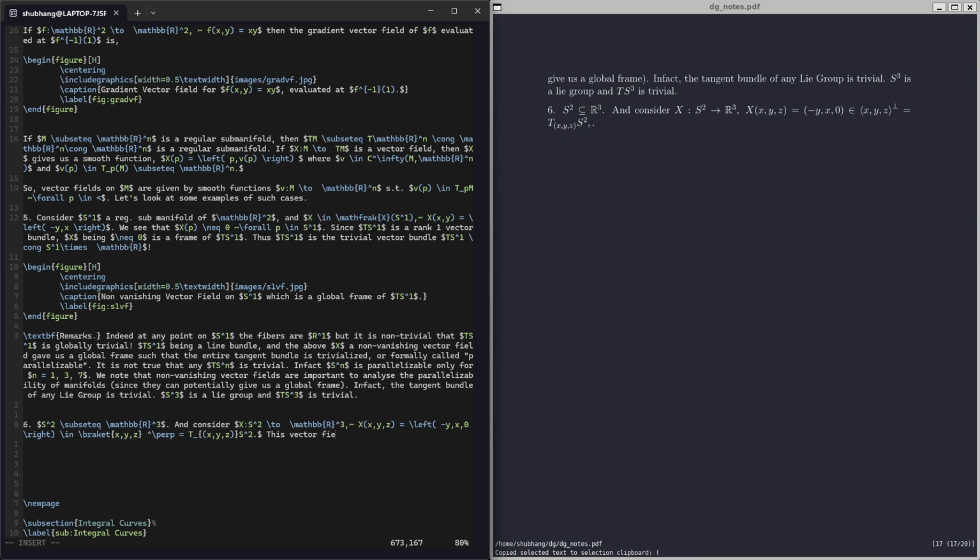This vector field vanishes at the north and south poles, and this is related to the topology of S2.